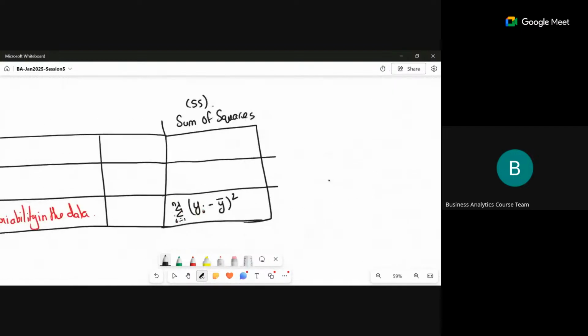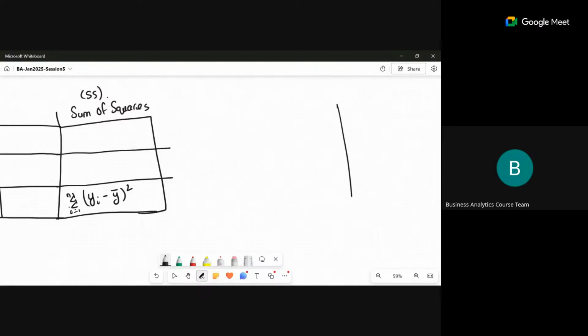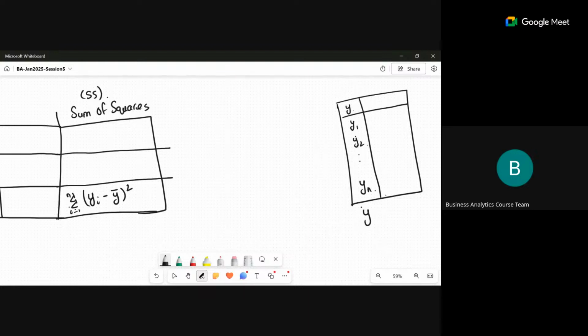So if I have data that looks like this, let's say I have y, this is y1 to yn, y1, y2, yn. The mean of this is y bar. So the SS total is nothing but (y1 minus y bar) squared, (y2 minus y bar) squared, and so on, (yn minus y bar) squared.